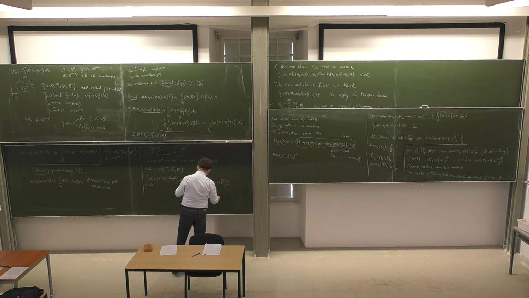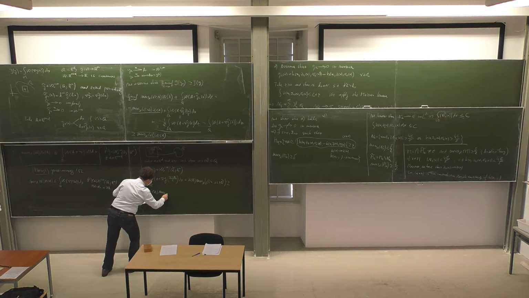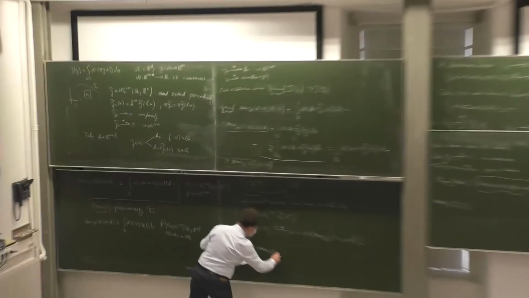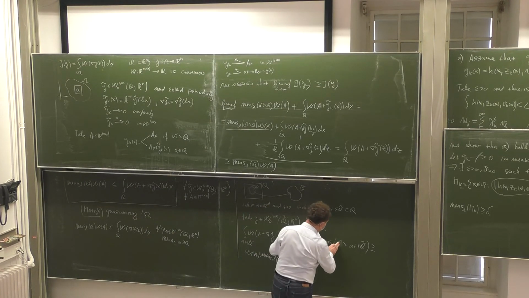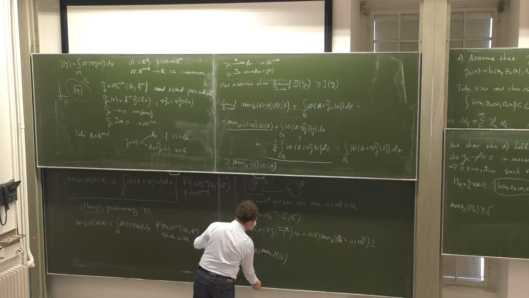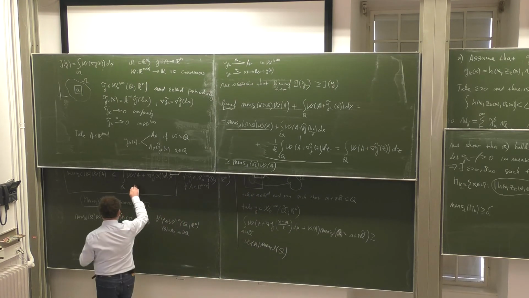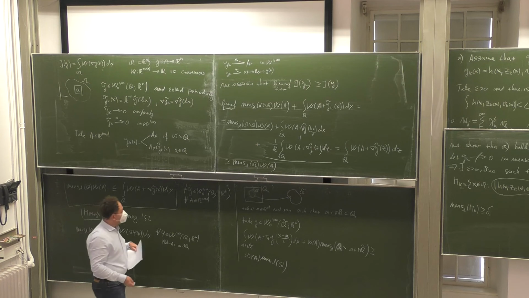And this has to be bigger or equal, because now I work on the original domain, than W of A times the measure of Q. Then you do the change of variables formula, and you get the same result for Q tilde. So this is independent of the domain, which is good.